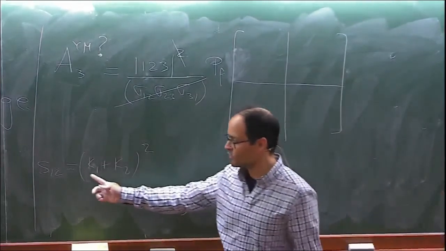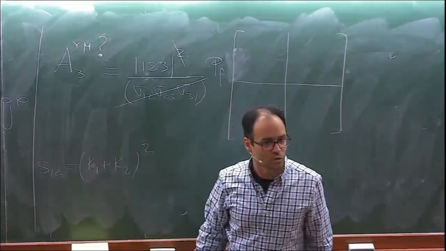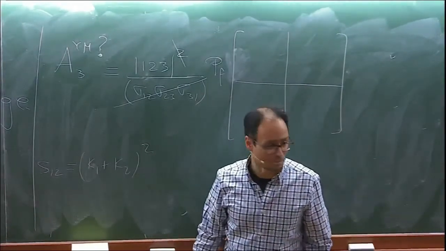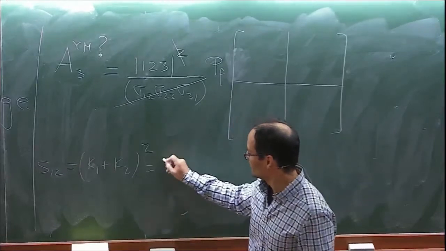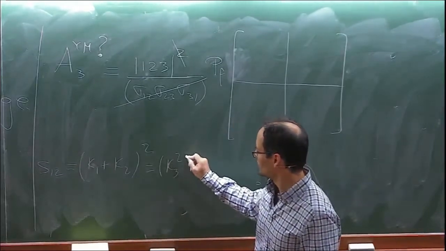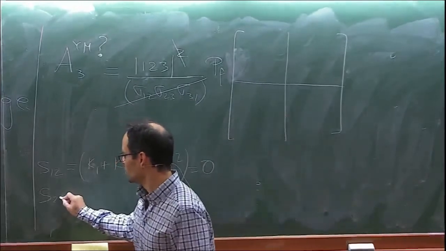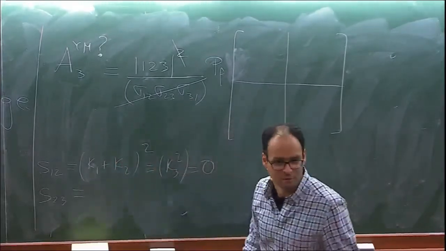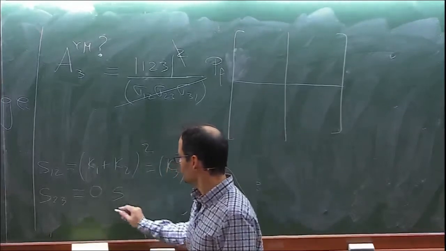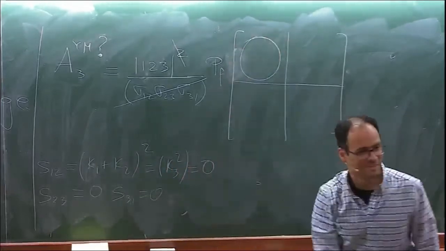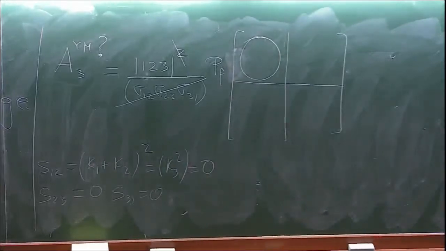If you use momentum conservation, k1 plus k2 happens to be minus k3. But we're dealing with massless particles. So this thing is k3 squared, which happens to be 0. How about s23? Everything is 0. So this matrix is a big 0. So that's good news, right? Everything there is 0.